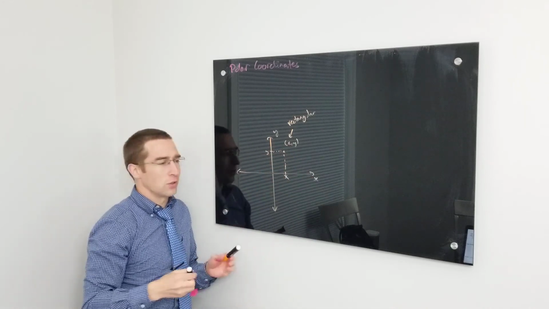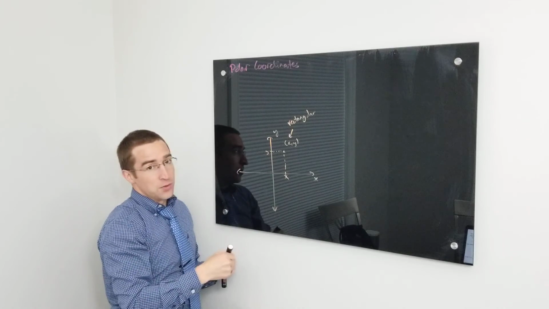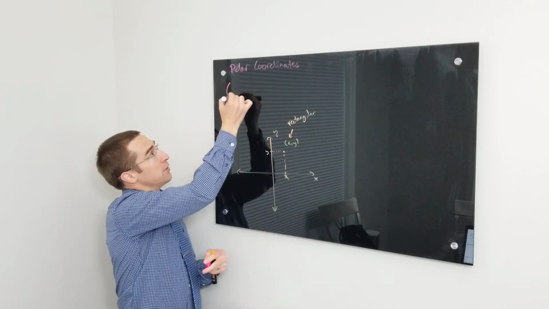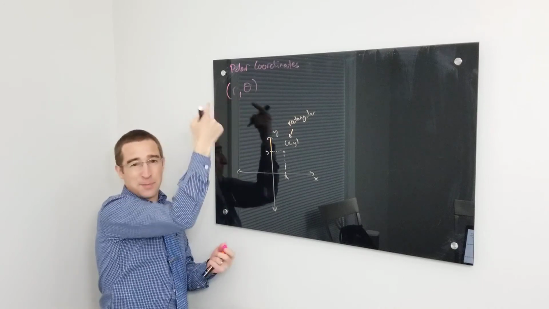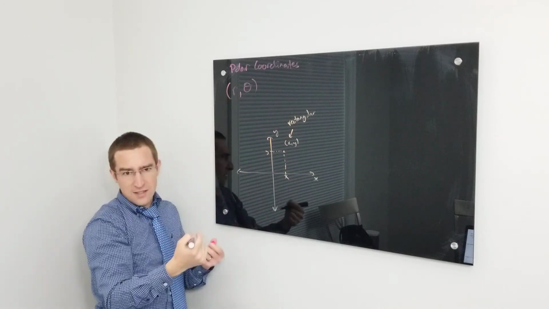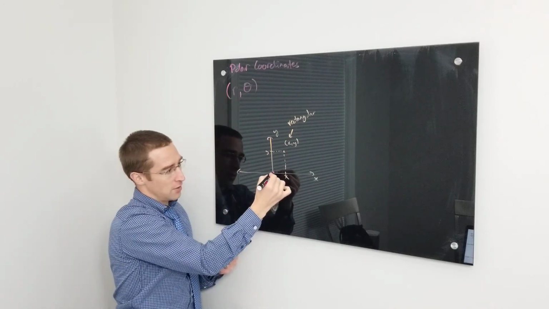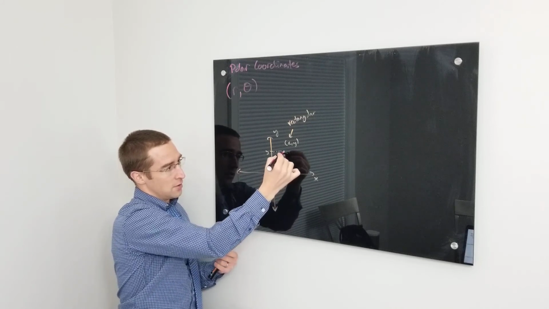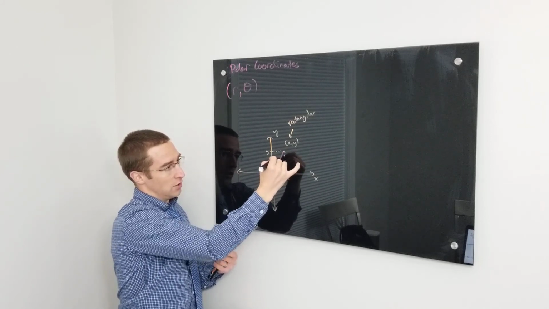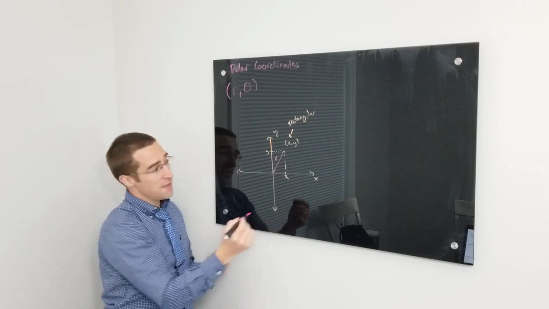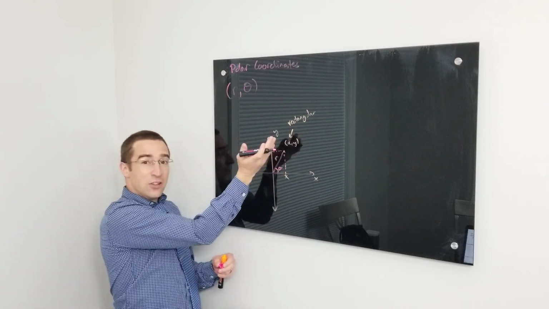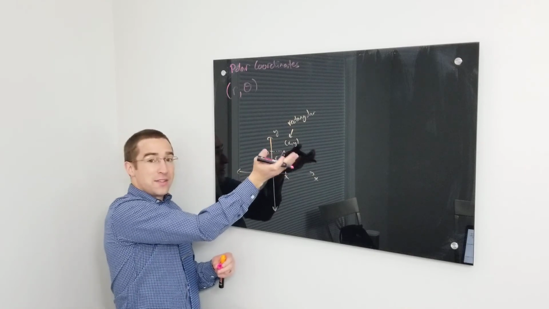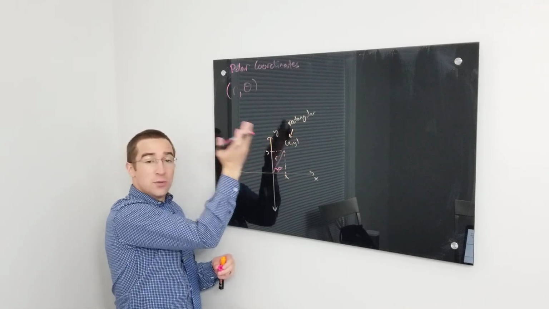Now, polar coordinates use r and theta, where r tells you the displacement or distance from the origin. So it's like this, r. And then theta gives you the angle measure, the amount of rotation from the positive x-axis to that point.